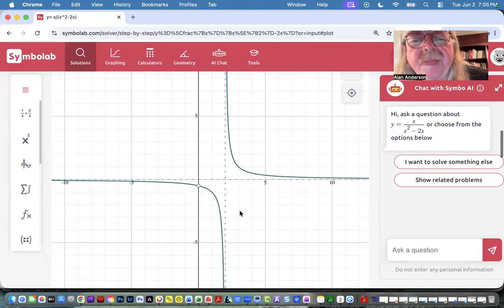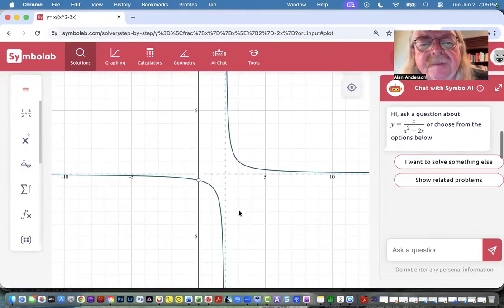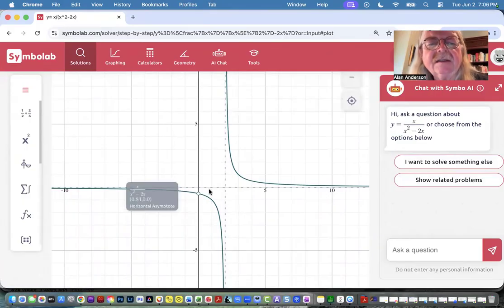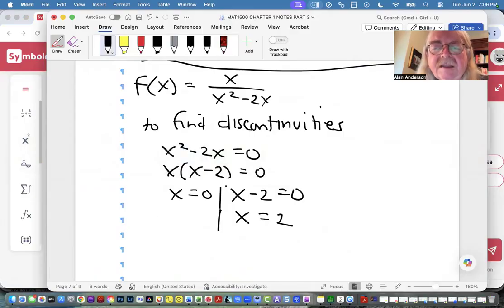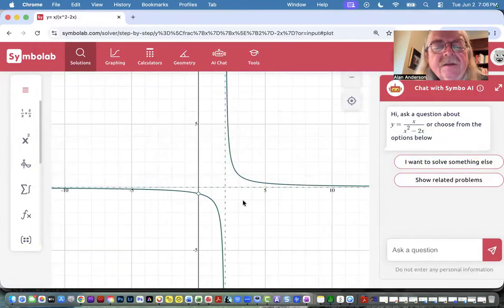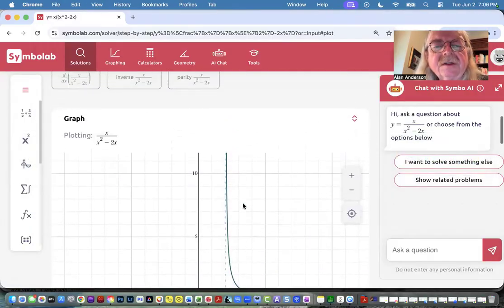Now, as you can see, there is a discontinuity when x equals 0. There's also a discontinuity here where x equals 2. All right, so we got that part right. Now the question is whether the discontinuity is removable.